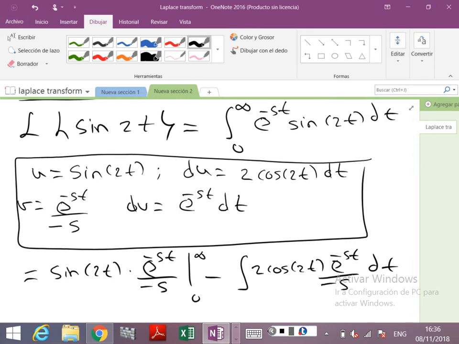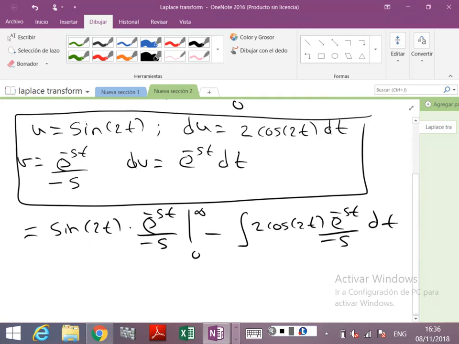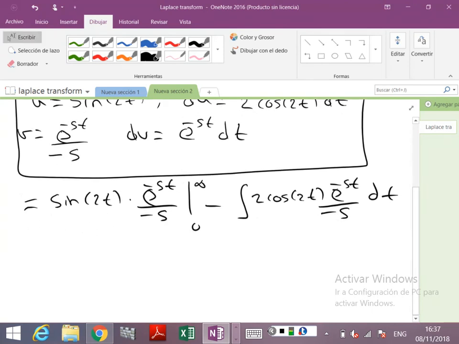Is that right? v du. So we take this, so we can verify this. So this integral is between 0 and infinity, no? So now we need to check this.